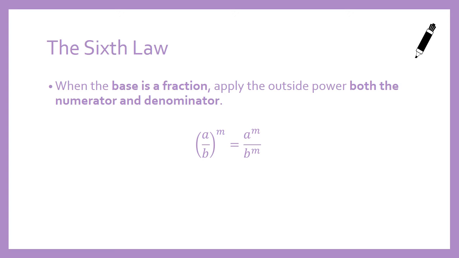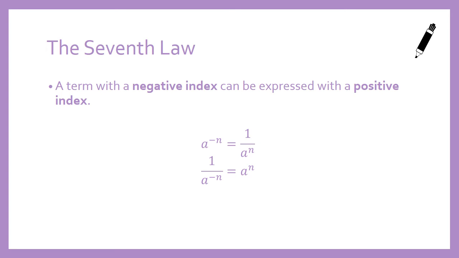The seventh law: a term with a negative index can be expressed with a positive index. So when I have a to the power of a negative n, I can write that as 1 over a to the n.